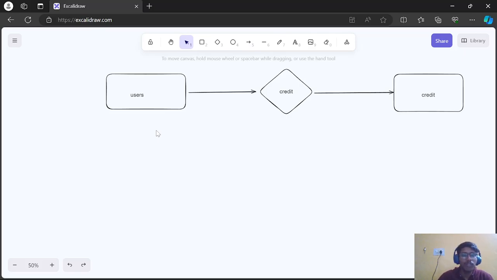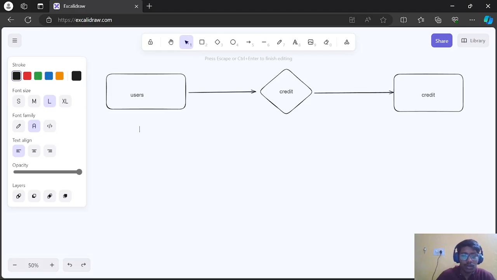What kind of relationship is this? The relationship between them would be one to one. It means each user in the CRED app has a corresponding credit record, right? So the relationship ensures that every user has their credit related information stored within the system, including the credit score, credit limit.